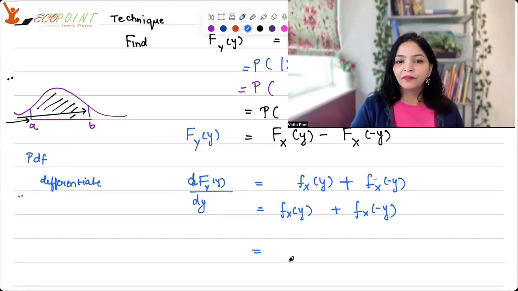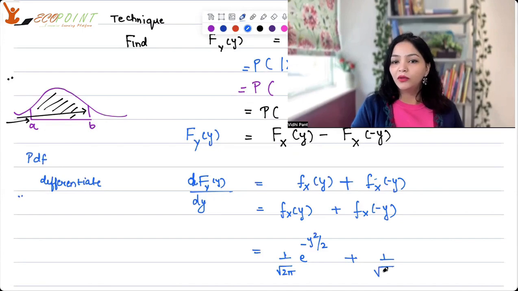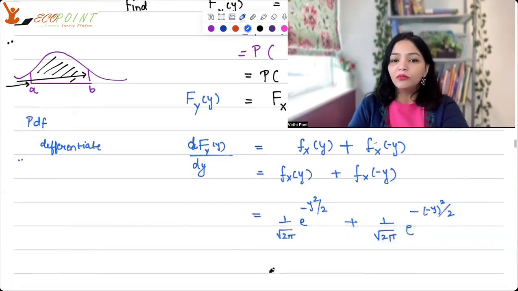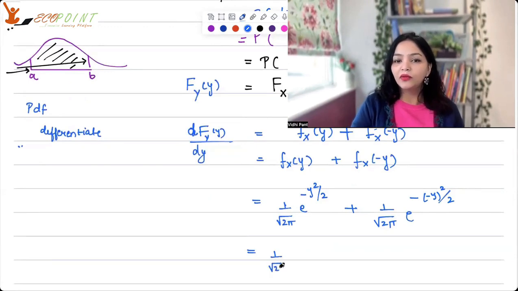So this becomes 1 upon root 2 pi e to the power minus y square by 2 plus 1 upon root 2 pi e to the power minus of minus y square by 2. So which means that I am actually getting 1 upon root 2 pi turns out to be common here, and you have e to the power minus y square by 2 plus e to the power again minus y square by 2.